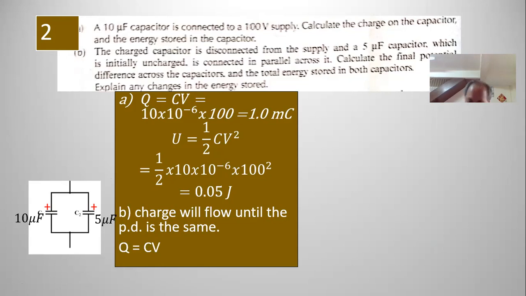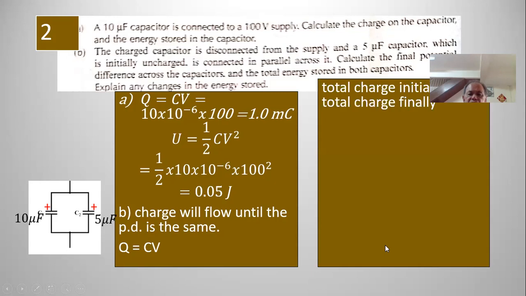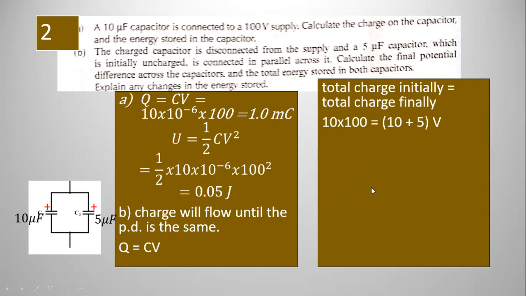Then we just use conservation of charge to calculate the charges. So total charge initially equals total charge finally. Total charge initially we have calculated here. And total charge finally, I'm taking it out, 10 plus 5, right? 10 plus 5.